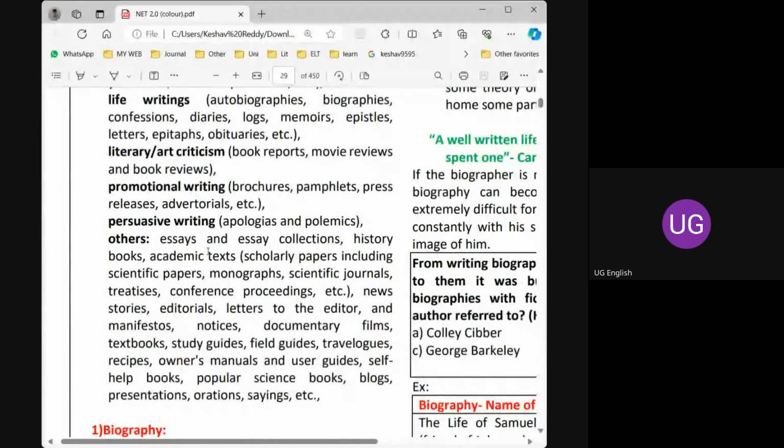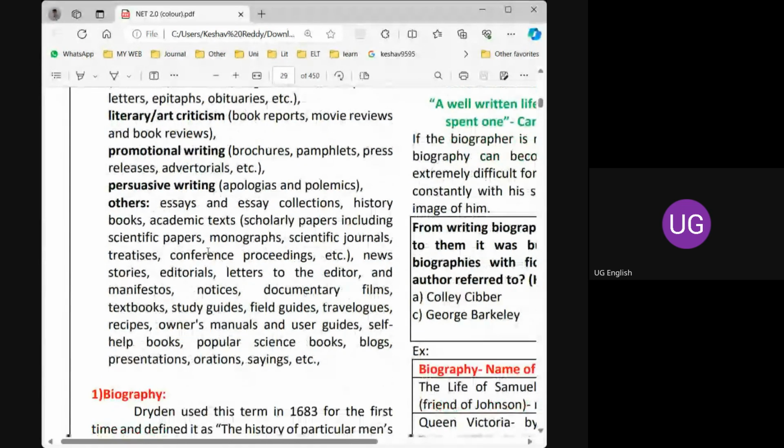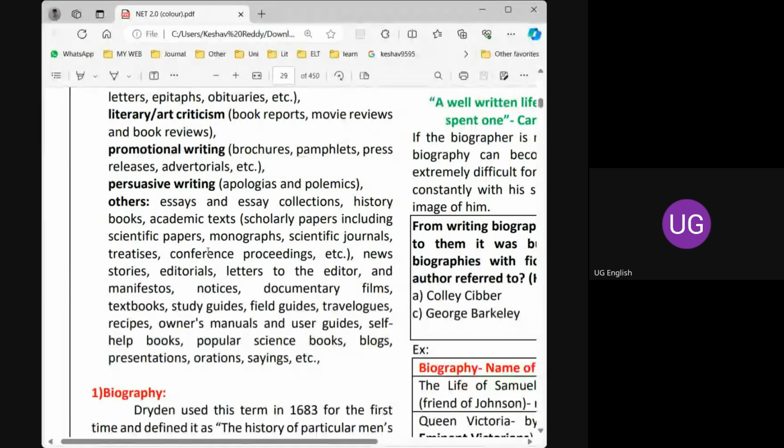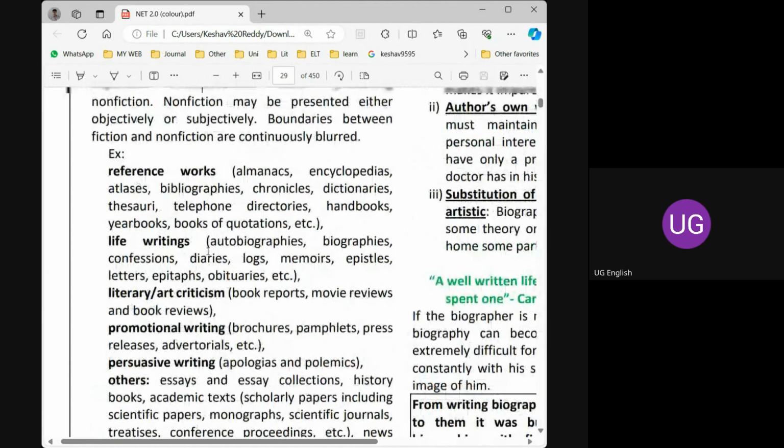And the others, we are aware of that: scientific papers, books, essays, especially the essay is very important. News, stories, editorials, travelogues, the experiences of a person, blogs, help books, and others are all called non-fictional writings.